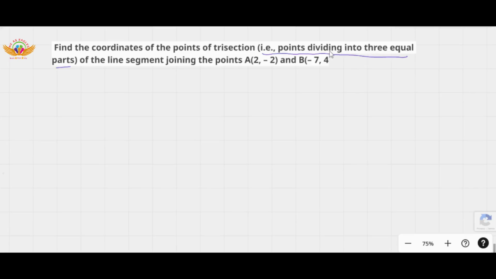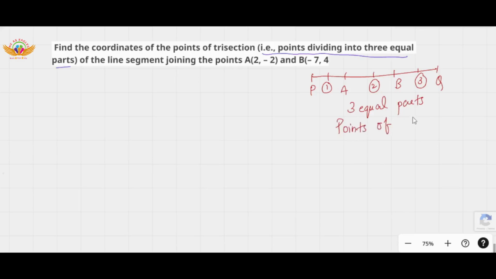When a line segment, for example PQ, is divided at A and B, this is one part, this is the second part, and this is the third part. So this line segment is being divided into three equal parts. This is called points of trisection.